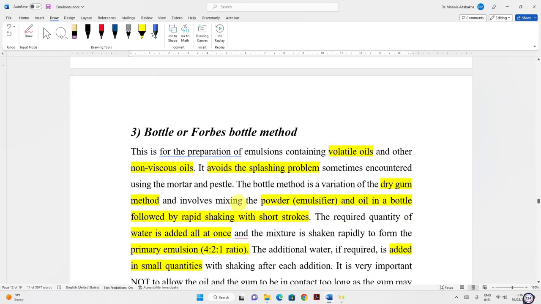طيب, the third method is usually reserved for a preparation containing volatile oils or non-viscous oil اللي هي very light.